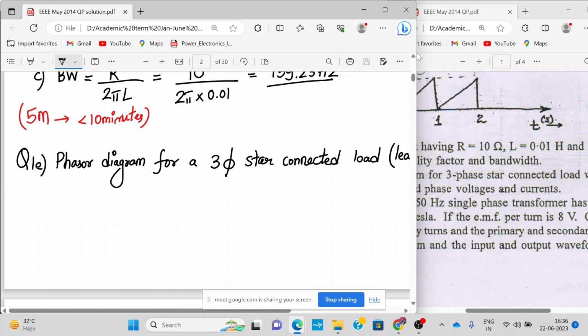I normally write the topics in the LMS. I've definitely covered this topic. Lecture 41. Okay, 41, phasor diagram.